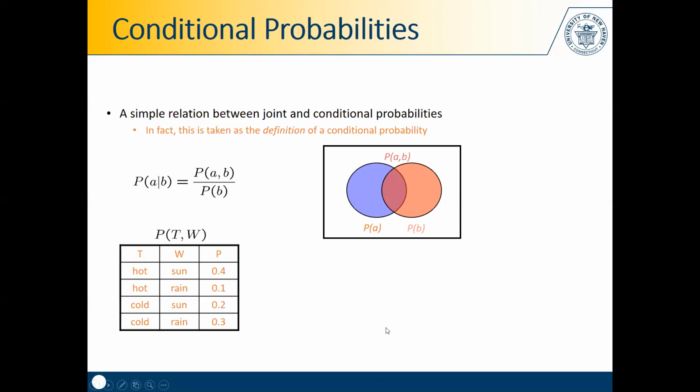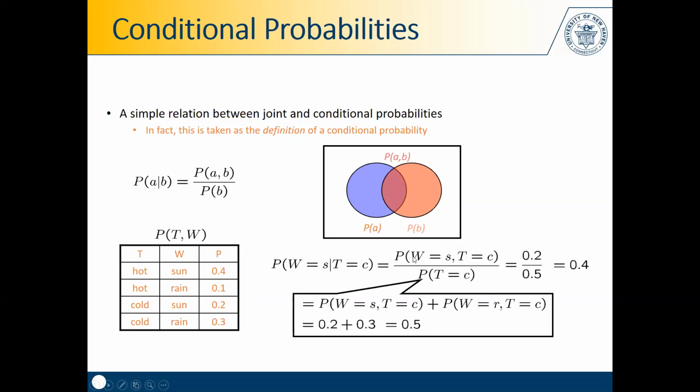So let's look at a quick example. Given this joint distribution, what is the probability of weather being sunny given that the temperature is cold? We can calculate it by first finding the joint probability of A and B happening at the same time, the weather being sunny while the temperature is cold.